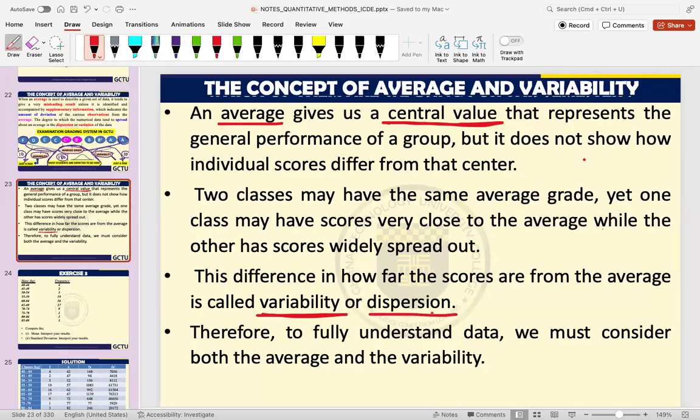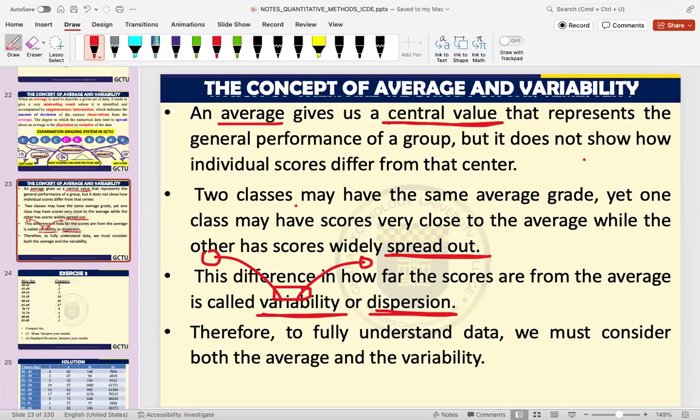or dispersion. It means that we can't just stand at the average. We have to spread out from the average. And when we spread out from the average, where are we going? We are going to the first point of the variability, or we are going to the second point of the variability, right from the average.